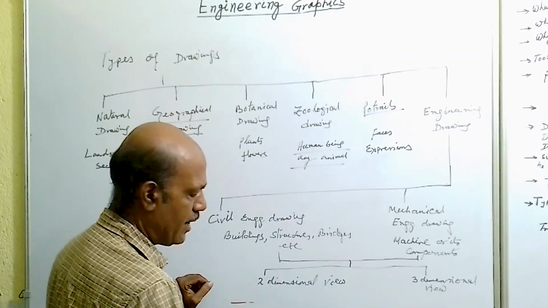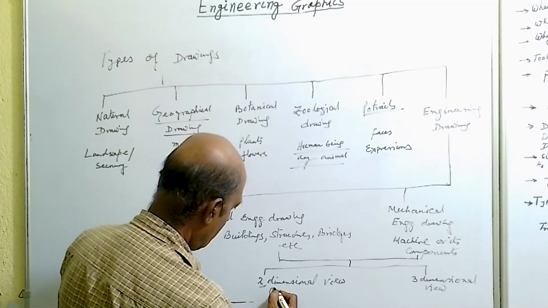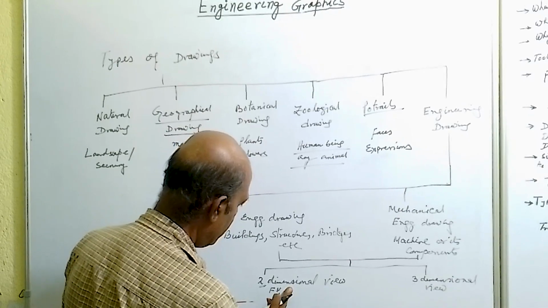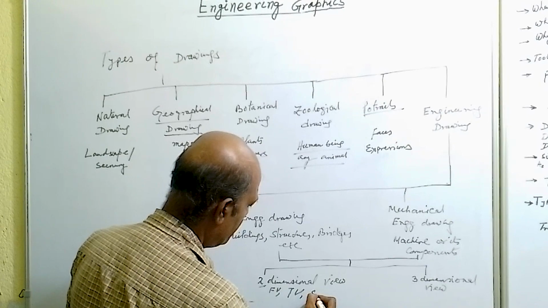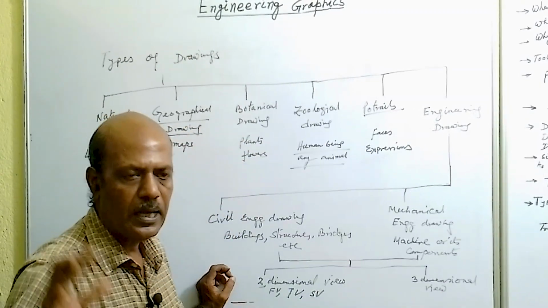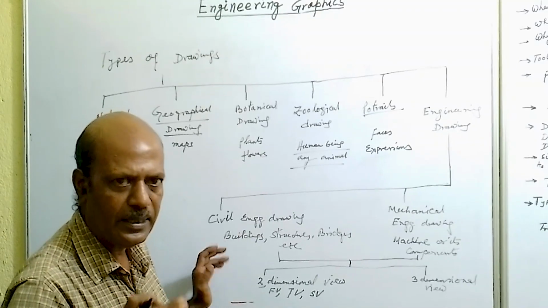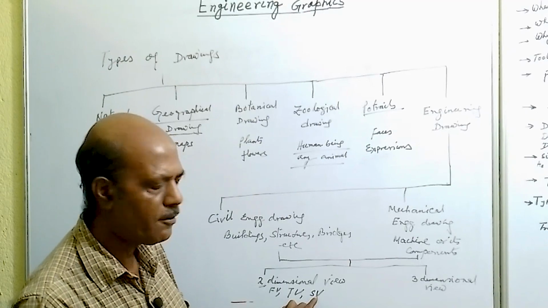So, in mechanical engineering, these two-dimensional views are front view, top view and side view. So, that means the three-dimensional object is presented by three views, that is front view, top view and side view.